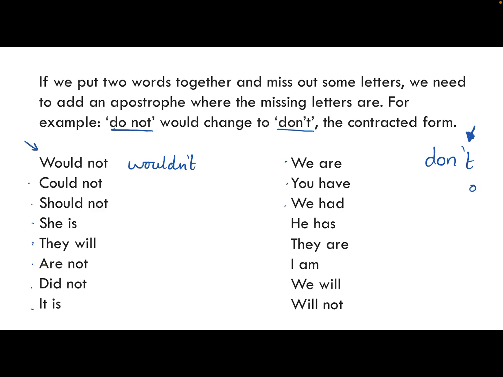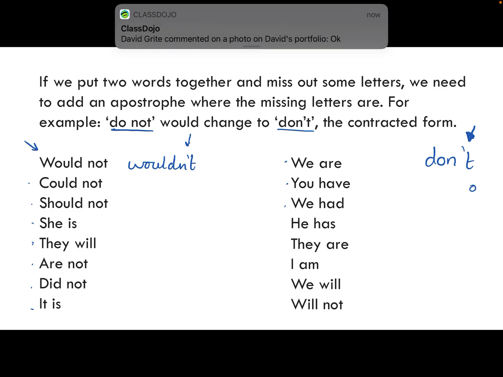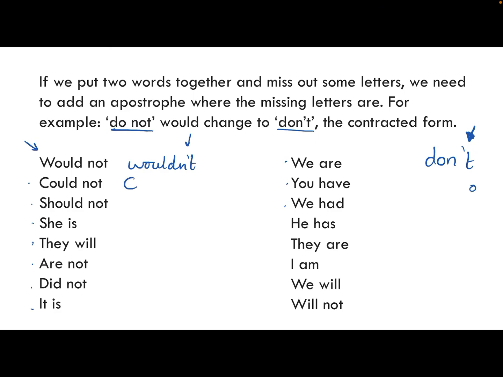So what I would like you to do, pause the video, have a go at contracting all of these. And remember, we're putting our apostrophe where the missing letter would go. So pause the video and I'm going to go through them. So, could not becomes couldn't.